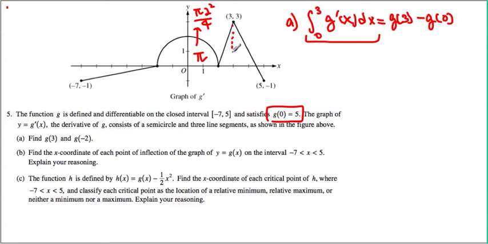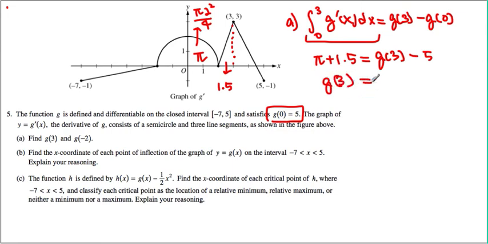So if I have to cut it down right over here, the area of this section would be simply 1.5. Now, then I think we have everything that we need to calculate this one. Here, this portion becomes pi plus 1.5, which will be equal to g of 3 minus 5. 5 was given here. Then g of 3 will be equal to pi plus 6.5. That becomes our answer.